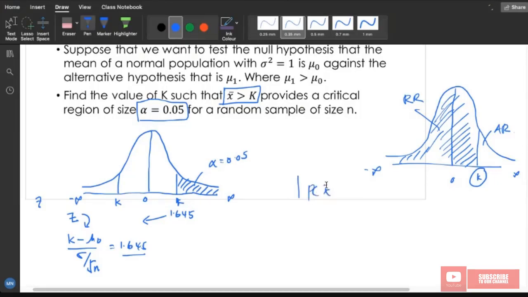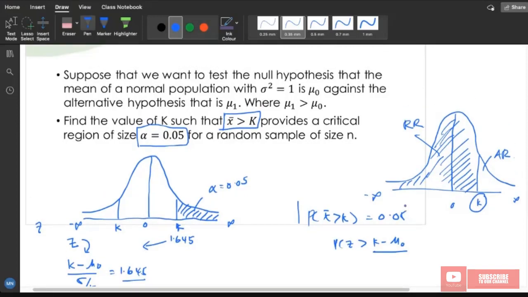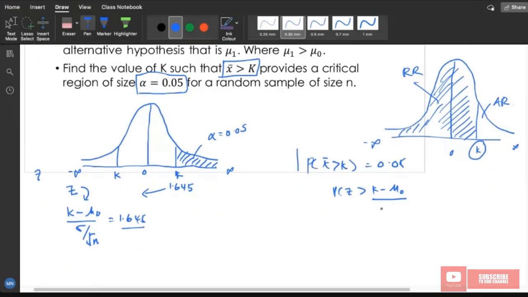We already know the probability of x bar more than k is equal to 0.05, which is also equal to the probability of Z more than k minus mu naught divided by sigma over square root of n, because this is the probability of type 1 error, alpha.